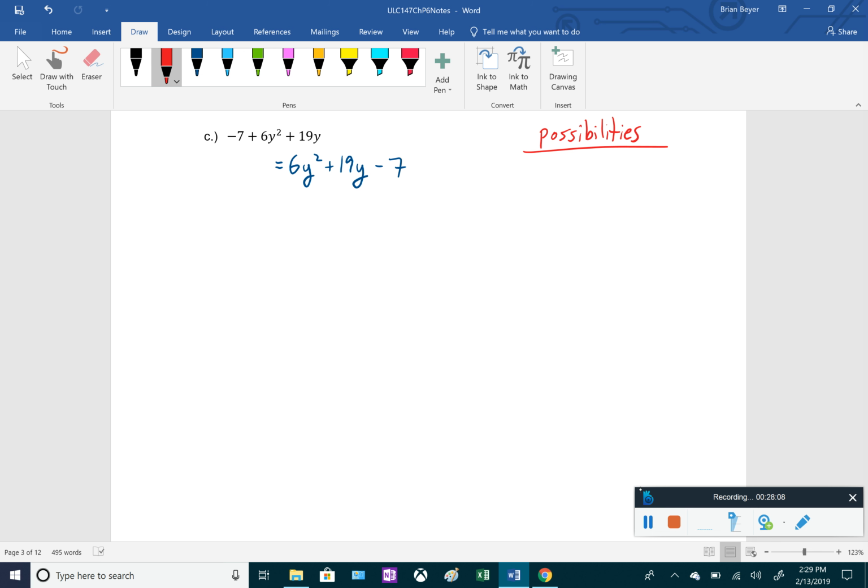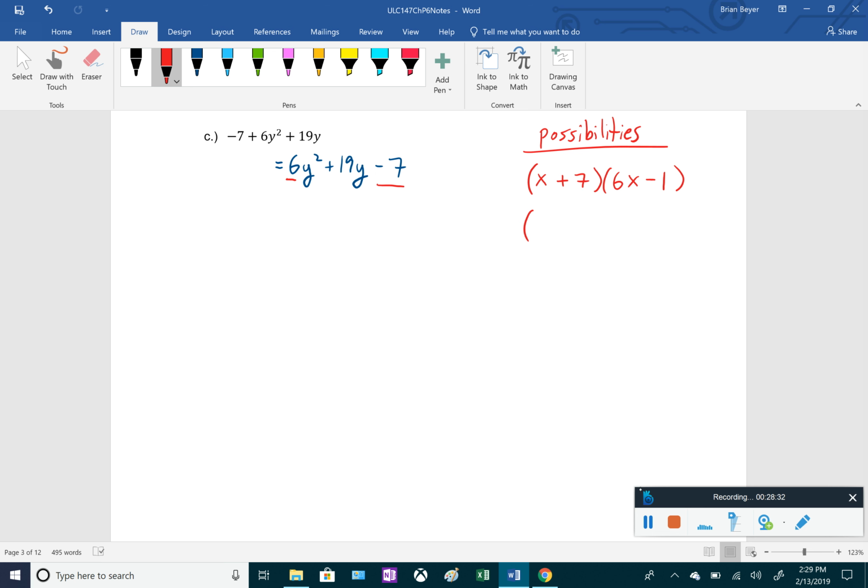And we need to think of numbers that multiply to 6. Well, that can be 1 and 6. So what I'm going to do is have 1 times x, and then 6 times x. And then the second ones have to multiply to negative 7. So that can be plus 7 and minus 1.